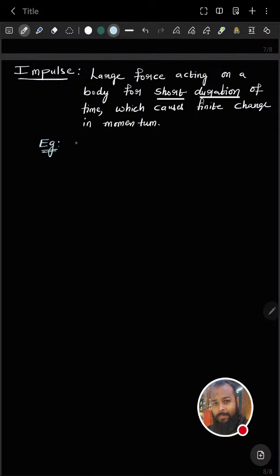Hitting a cricket ball with a bat. Correct? If it is longer, it is not called impulse; we just call it change in momentum. Change in momentum and impulse are the same only.